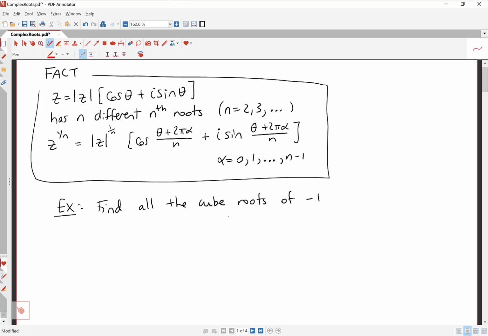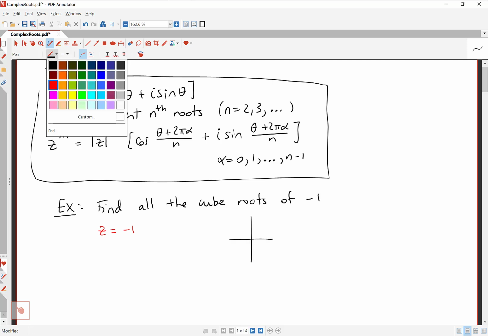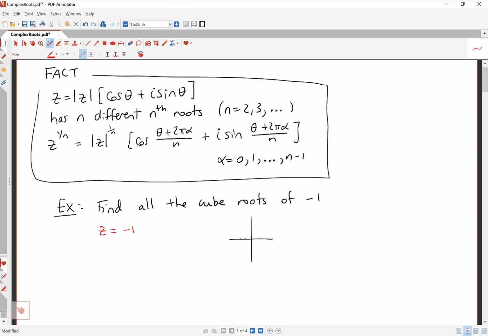Suppose we wanted to find all the cube roots of -1. How we could start here is just by letting z equal -1, and we're going to try to graph that complex number to see if we can figure out the polar form quickly. So if we were to graph z, z has a real part of -1, so that would just be going 1 unit to the left along the real axis, which is the x-axis.